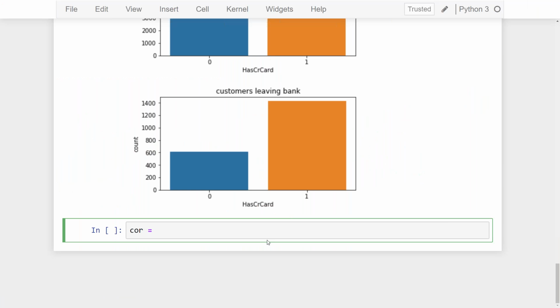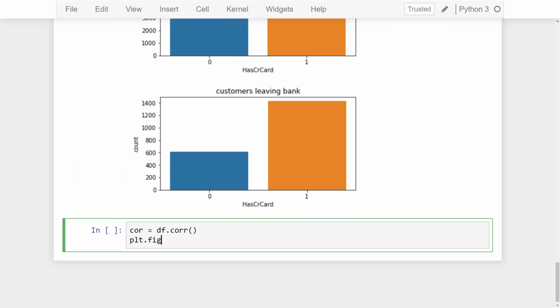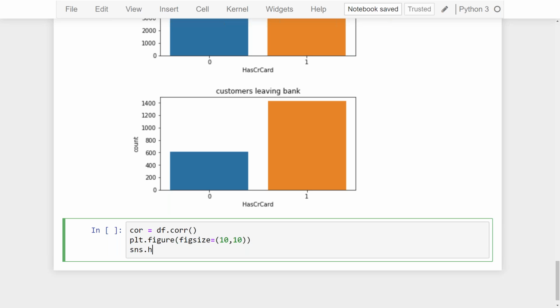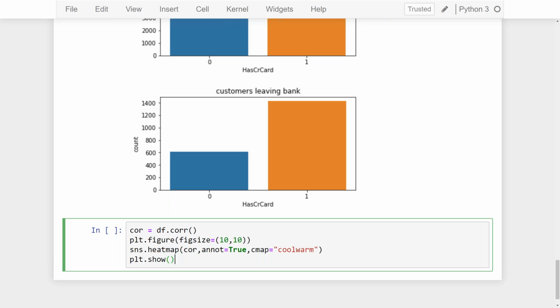Let's say we calculate correlation as df.corr(), and we set the figure size to maybe 10 by 10, and sns.heatmap with the correlation matrix, annot equals True, and cmap equals coolwarm, then plt.show().